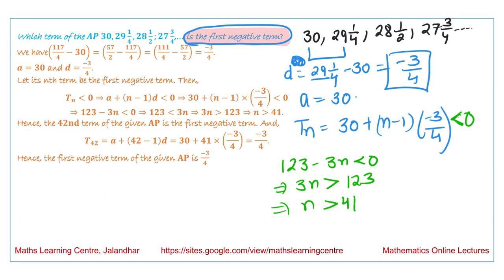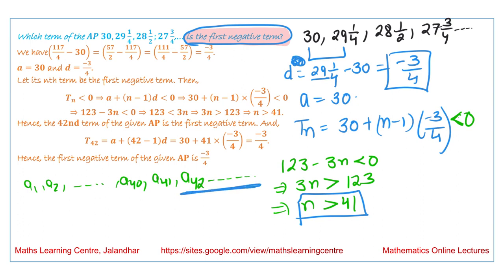It means we have a1, a2, and so on up to the 40th term, the 41st term, the 42nd term, and so on. For n greater than 41, all these terms are negative terms. So the first negative term is basically a42.